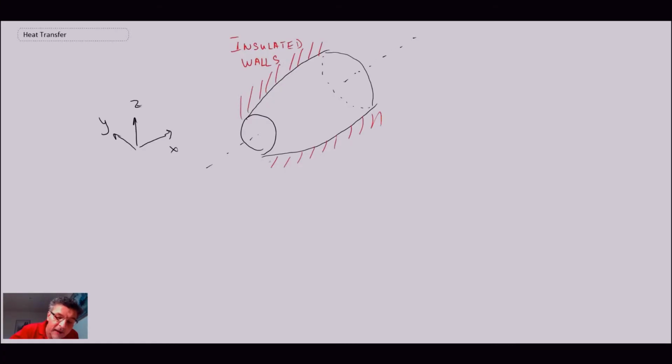And with that, x will be going in that direction. And so this would be x equals x naught at this location. And I'm going to assume that at each of the positions along the x-axis, the temperature is constant across that entire plane.